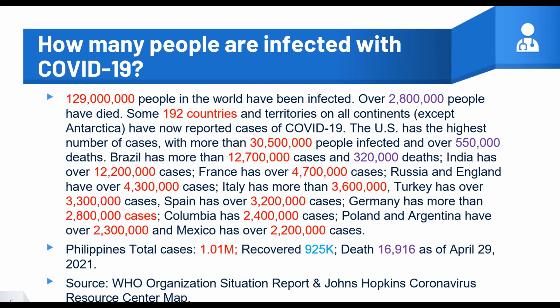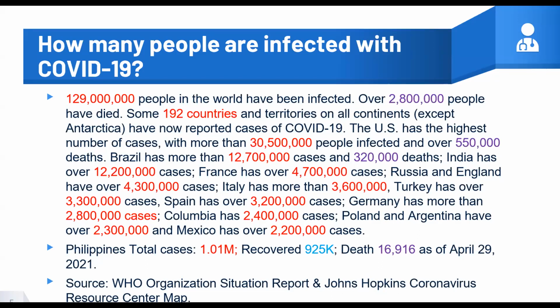Russia and England have over 4,300,000 cases. Italy has more than 3,600,000. Turkey has over 3,300,000 cases. Spain has over 3,200,000 cases. Germany has more than 2,800,000 cases. Colombia has 2,400,000 cases. Poland and Argentina have over 2,300,000 and Mexico has over 2,200,000 cases.